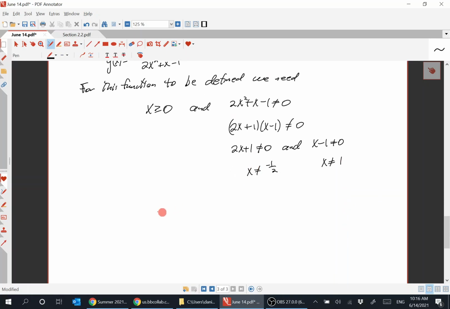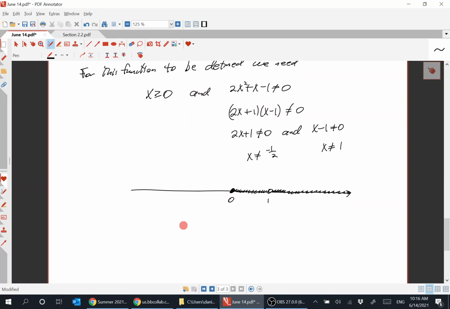So our domain is all the x's bigger than or equal to 0, but not x equal to 1. Here's 0, here's 1. We put an open circle at the 1 because we're not including it in the domain. And since we're only interested in x bigger than or equal to 0, the negative 1/2 has no effect on the answer. So the domain for g is the interval from 0 to 1 union the interval from 1 to plus infinity.